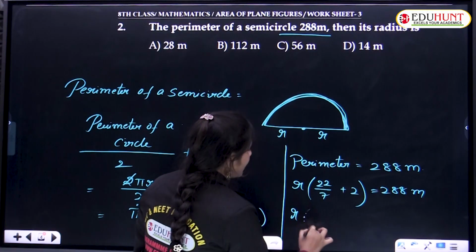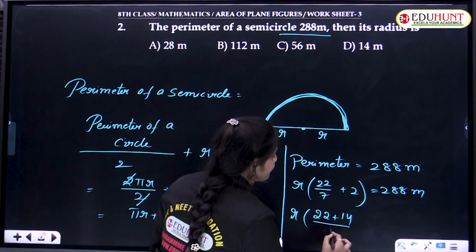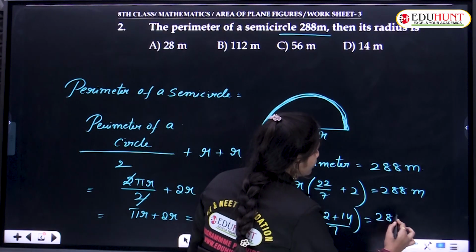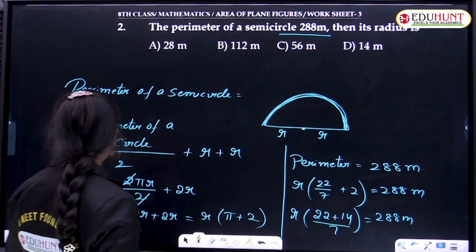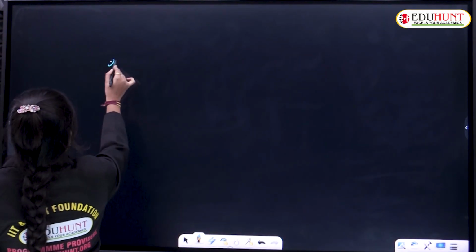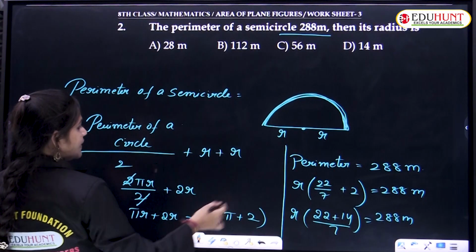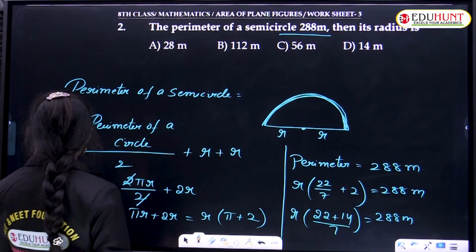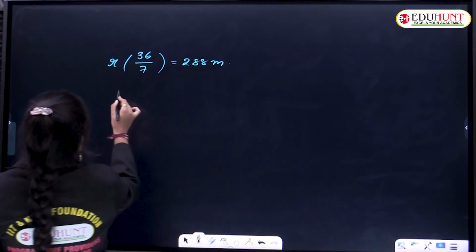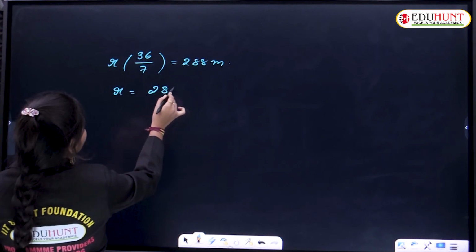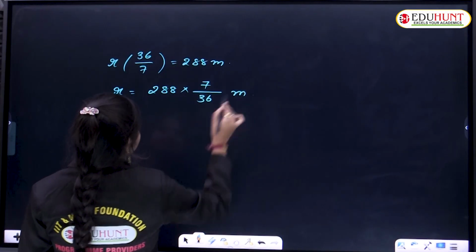Now r into 22 plus 14 by 7, which is 36 by 7, so r into 36 by 7 is equal to 288 meters. Now r is equal to 288 into 7 by 36 meters.